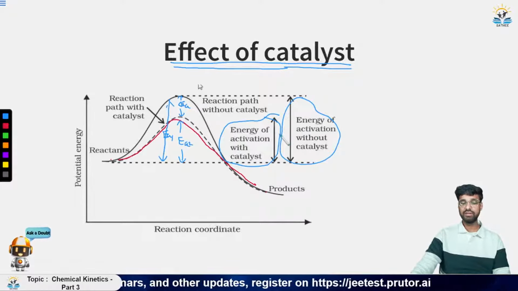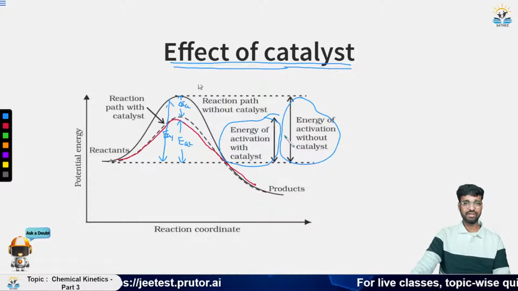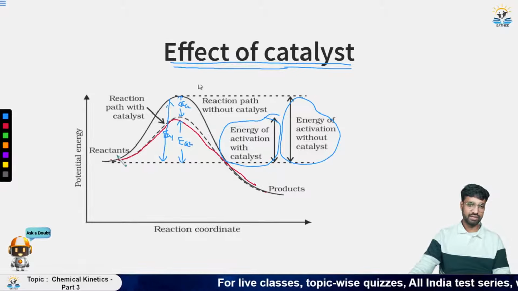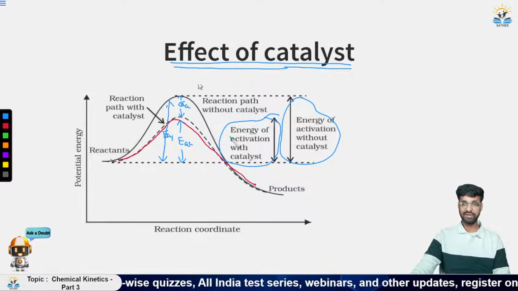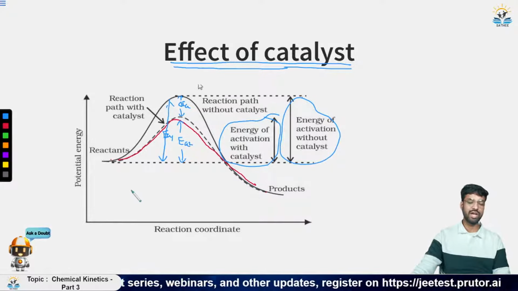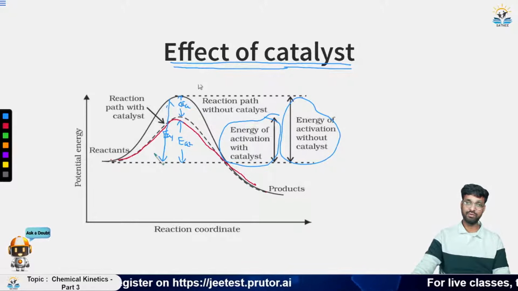Now, why does the equilibrium constant not change due to the involvement of catalyst? It has of course reduced the energy requirement for reactant to go to product, but at the same time it has decreased the same amount of activation energy for going from product to reactant also. So I mean to say that of course the rate of reaction will increase, but it will increase for both of the paths.